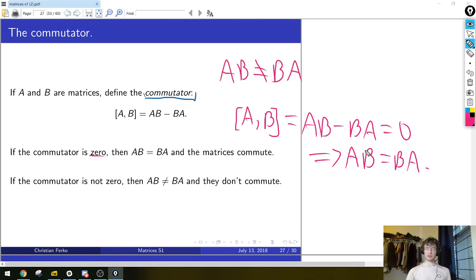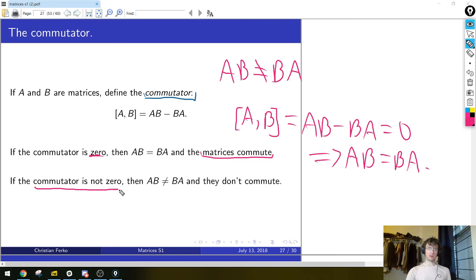That means I can multiply the two matrices A and B in either order, A times B or B times A, and the result will be the same. That's usually not true, but sometimes it will be true. And if that's true, we say the matrices commute. So if the commutator is 0, A times B is the same as B times A, and the matrices commute. Usually not true, sometimes true.